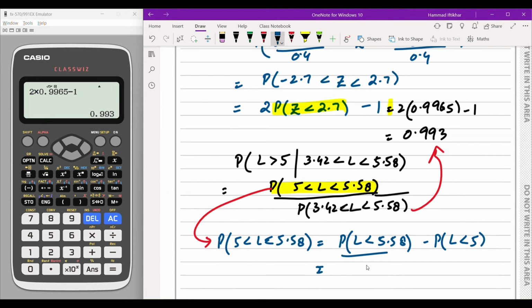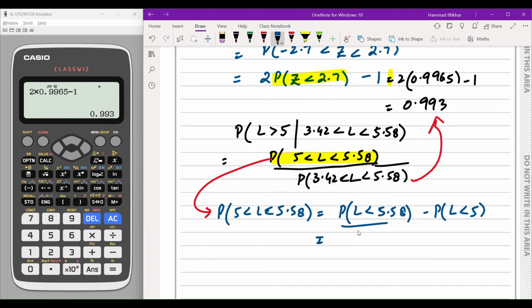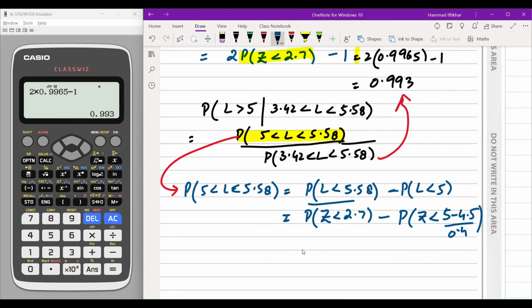We already know the first corresponds to z less than 2.7, minus z less than 5 minus 4.5 divided by 0.4, which is 0.5 divided by 0.4, 1.25.